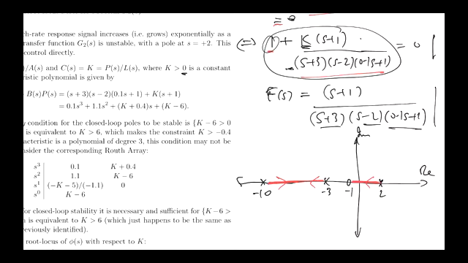anchored at a point that is the sum of the poles minus the sum of the zeros divided by the relative degree. Right, so what have we got here? We've got -3, -10, plus 2, minus the zeros, -1, divided by the relative degree, which is 2.